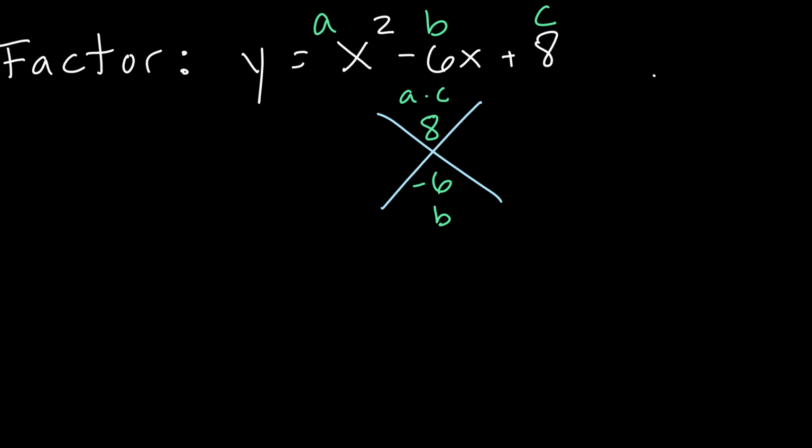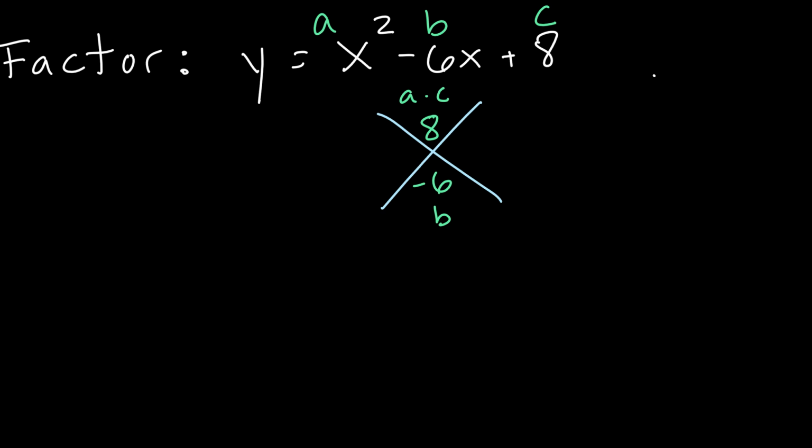But really at this point, maybe I'm asking too much, but when you go to Algebra 2, you should be able to, in your head, think of what two factors of 8 multiply to get you 8, but add to get you -6. So what are the factors of 8? 2, 4. Right, you gave me the right ones.